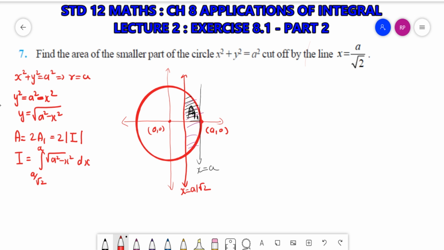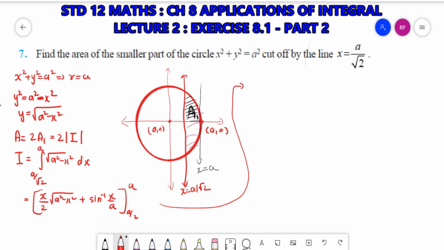Okay, so this is the formula: x by 2 under root of a square minus x square plus a square by 2 sine inverse x by a, from a by root 2 to a.